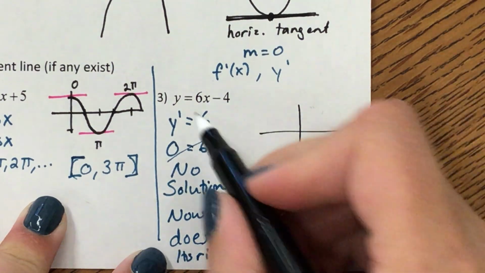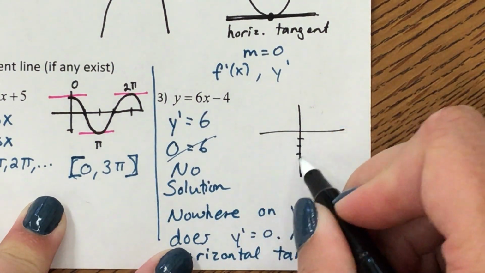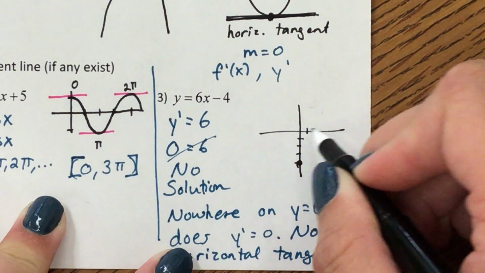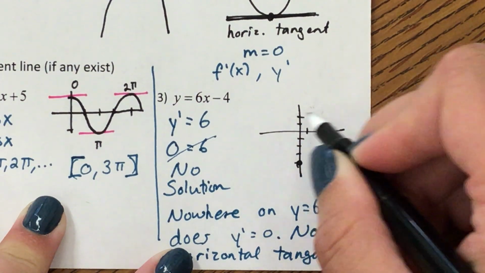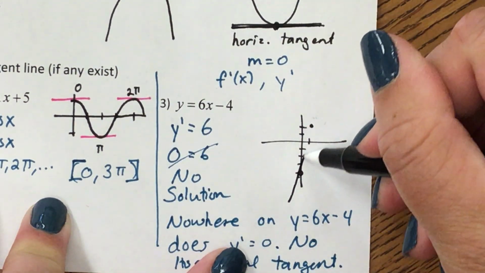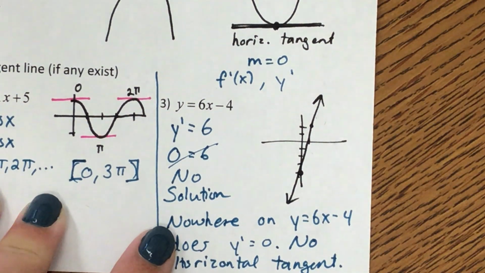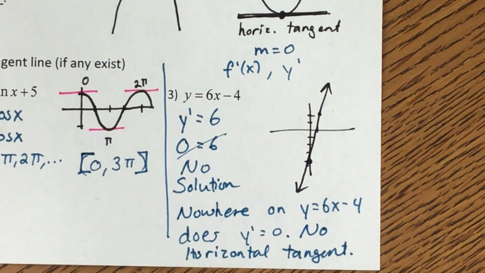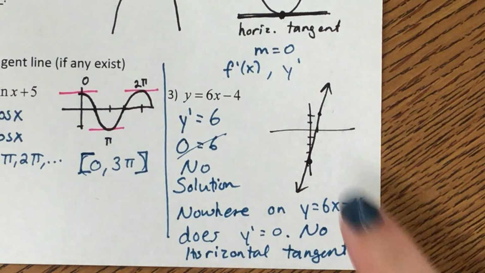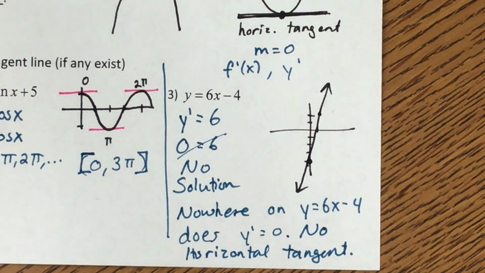If we graphed y equals 6x minus 4, 1, 2, 3, 4. 6 has a slope there. That's a straight line. It's linear. That's an ugly straight line, but it's there. Okay, nowhere on there do we have a horizontal tangent line. Nowhere is there a slope of 0.